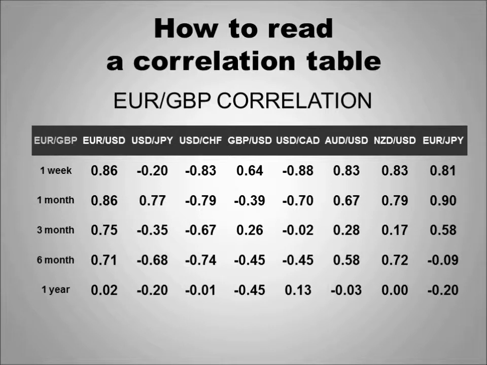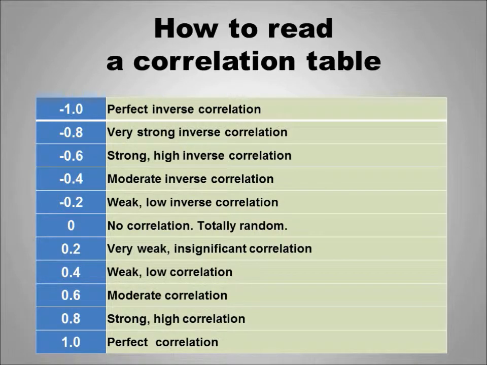Now, here's what these numbers mean. So when we see a -1, that's a perfect inverse correlation. As we gravitate towards 0, that means there's no correlation, totally random. And a +1 is a perfect correlation. So again, numbers that are closer to a solid 1 means that there is a strong relationship between the two currencies.